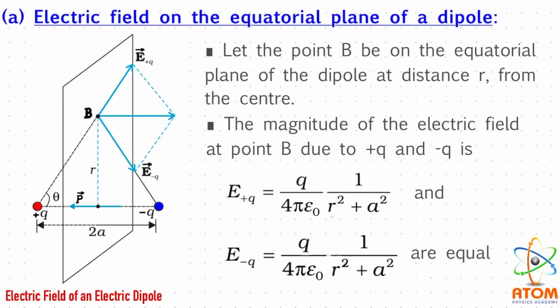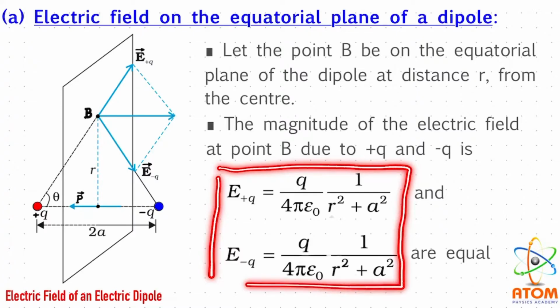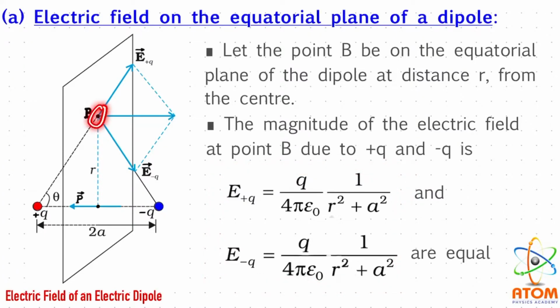That's why the electric field due to positive q charge will be E positive q is equal to q upon 4 pi epsilon 0 times 1 upon r square plus a square, as well as for negative q charge it will be E negative q is equal to q upon 4 pi epsilon 0 times 1 upon r square plus a square. You can see both of these equations are the same. That means the magnitude of the electric field at this point will be the same due to positive q and negative q charge.